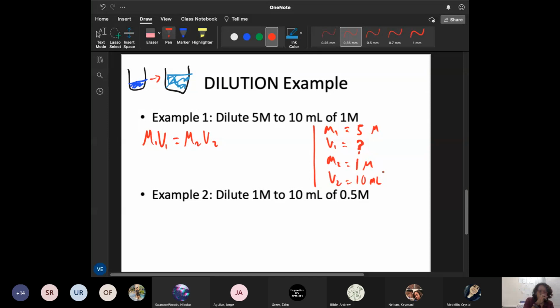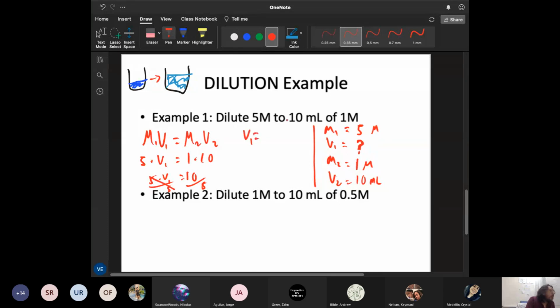So we do 5 times V1 equals 1 times 10. That's easy, okay? 1 times 10 is 10. 5 times V1 is still 5V1. I'm going to divide each side by 5. The 5's cancel.